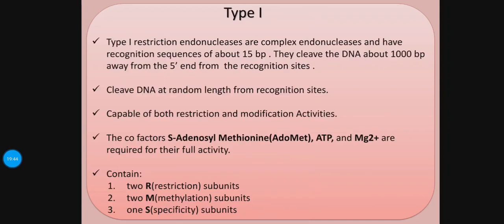So let's see first type 1. Type 1 restriction endonucleases are complex endonucleases and have a recognition sequence of about 15 base pair, and they cleave the DNA about 1000 base pair away from the recognition site.